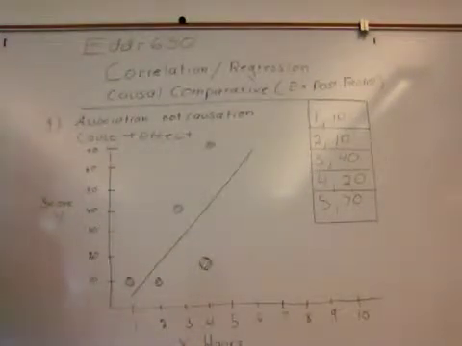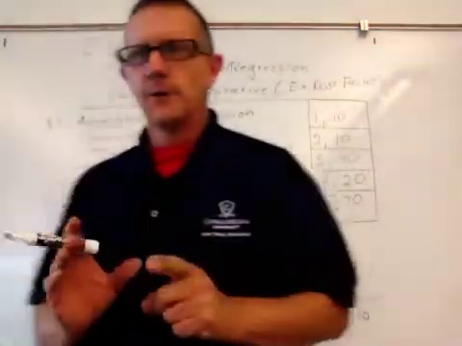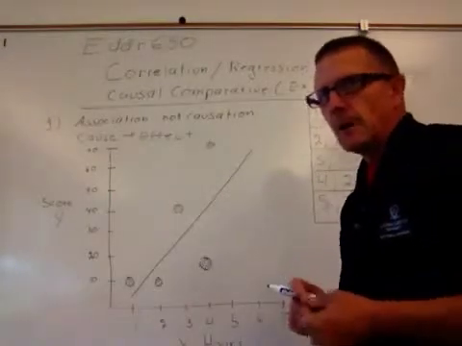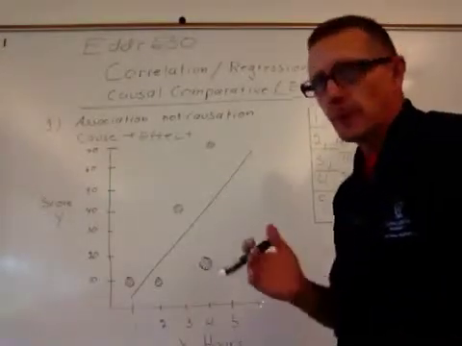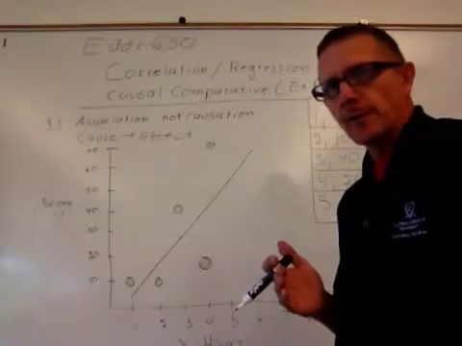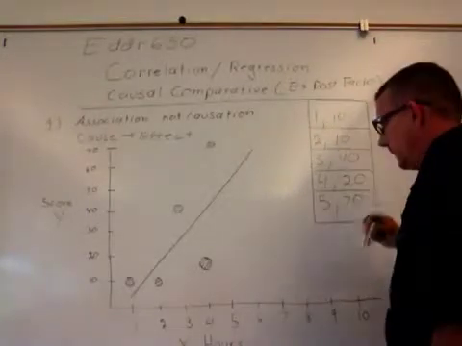Now, what we have here is a sample. So don't forget, when you're doing research, you are only pulling a sample of folks normally. You could be using the whole population, but primarily you'd be using a sample. So we have a sample of 5 people here.